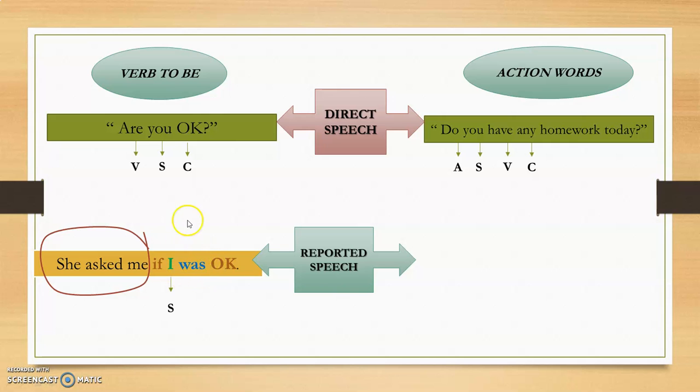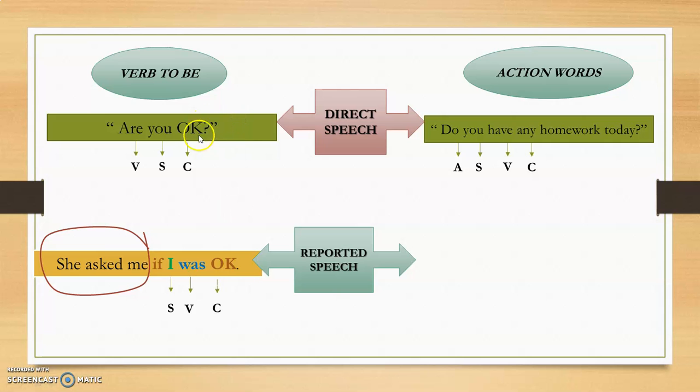Was replaces the verb are, because in reported speech we go back one tense. For that reason the verb here is in present simple, and on this occasion it is in past simple. So was corresponds to the verb, and okay is the complement.